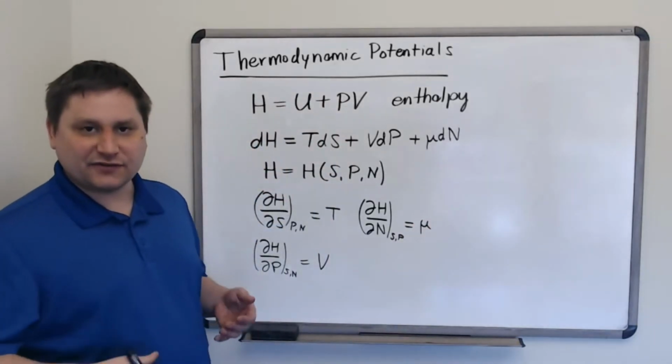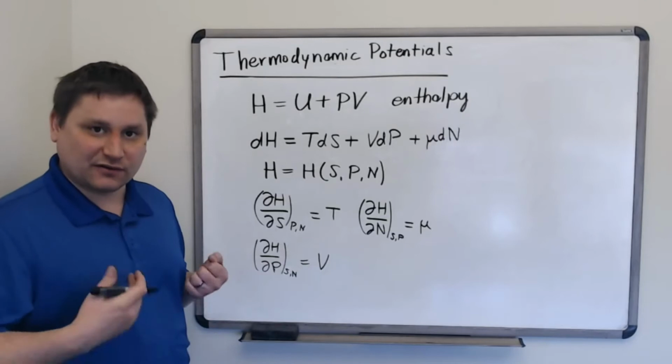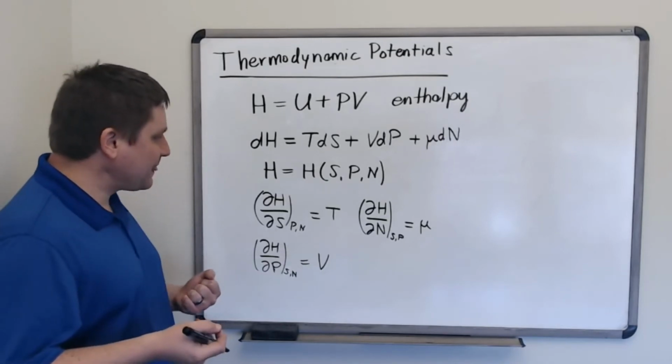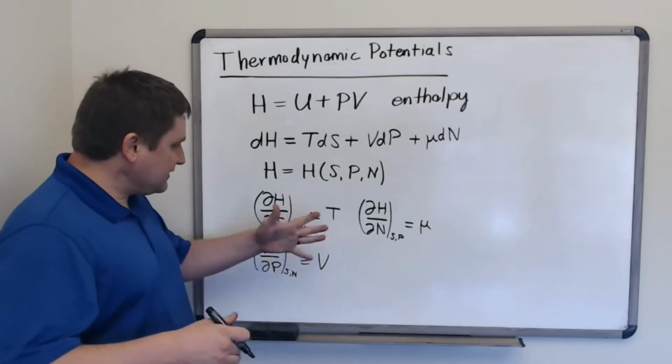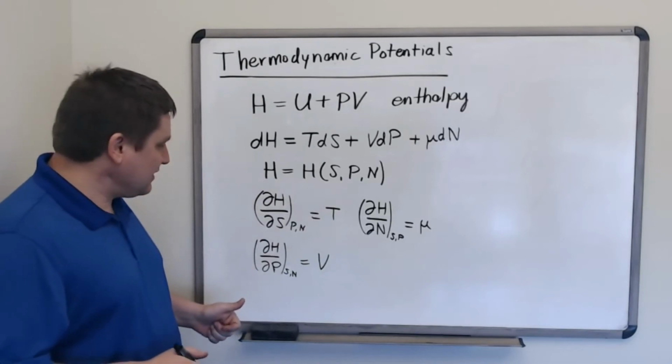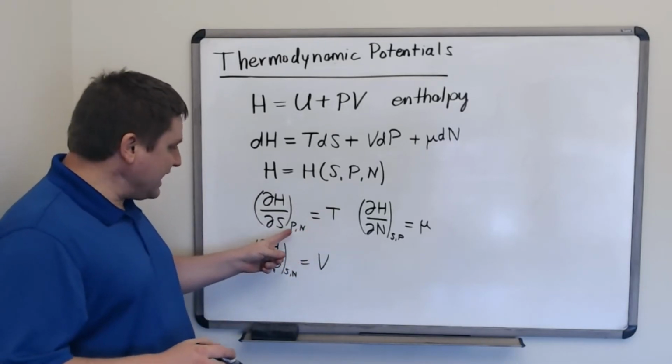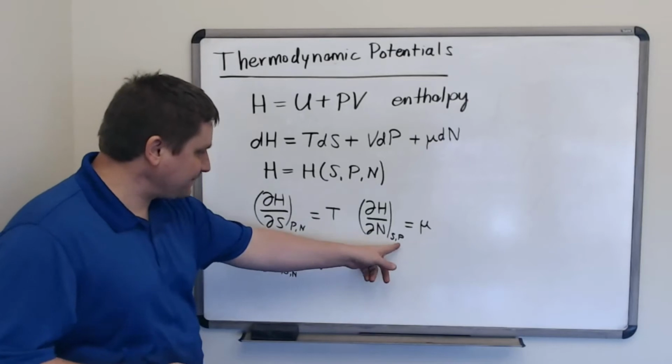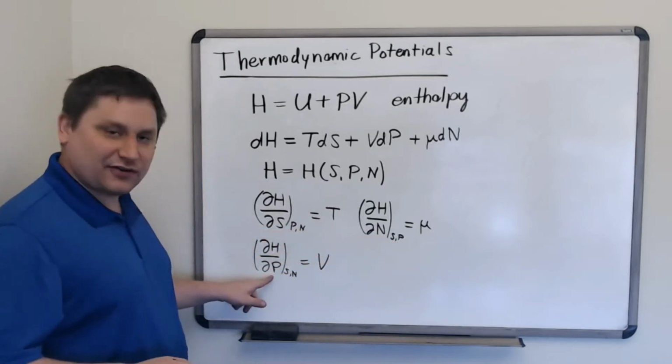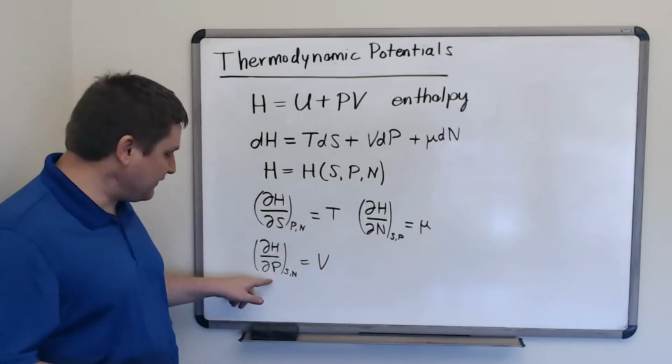So these derivatives look similar to the ones for the internal energy. It's not by mistake, but they have some things in different places. In the derivatives, we are now holding pressure constant instead of volume, or using pressure as our variable instead of volume.